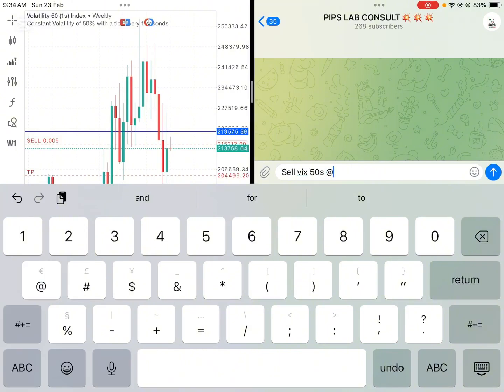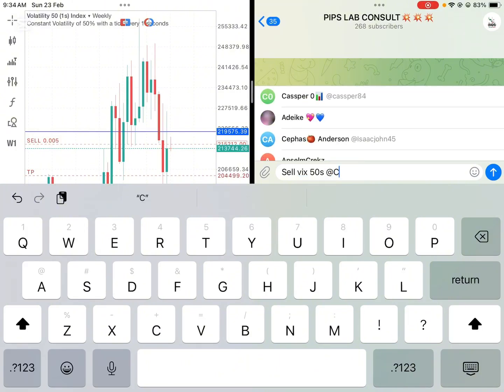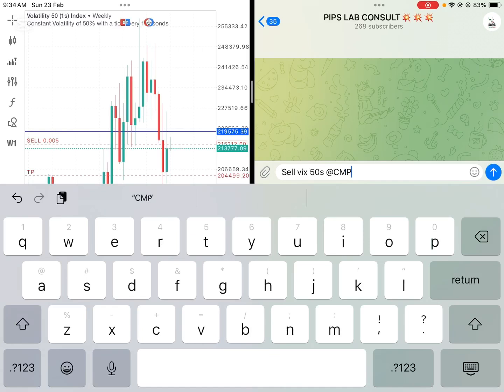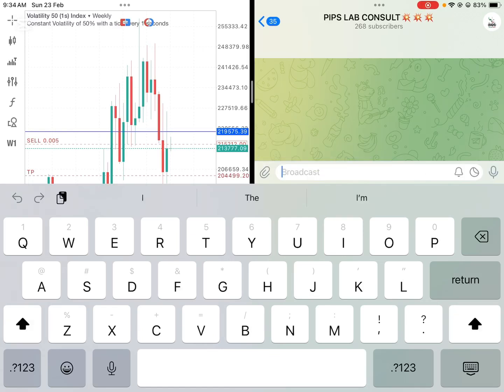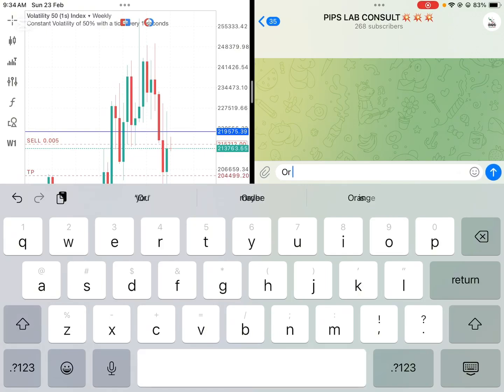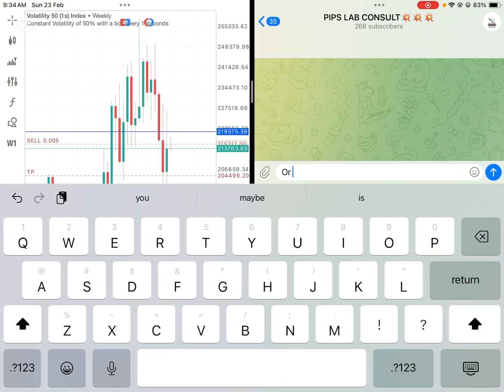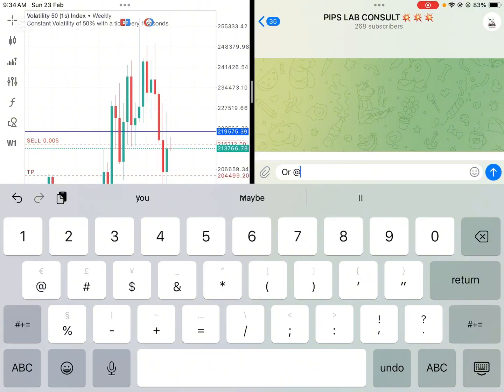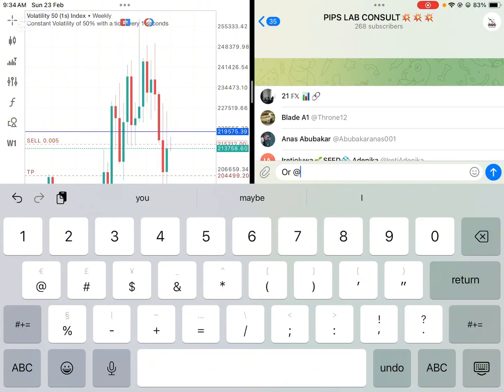You can sell at CMP, or at what's the price level here? Let me see the price level that we have here.